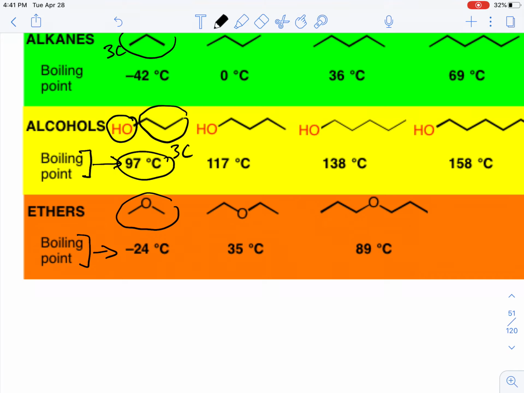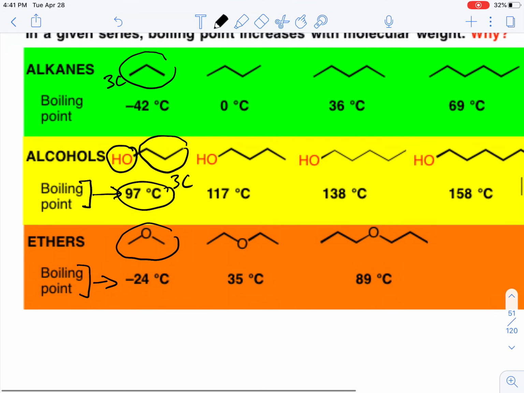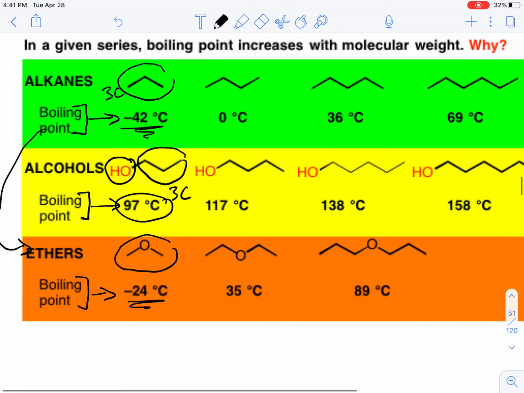In this case, it's dipole-dipole. And if you look at these alkanes, with respect to ethers, we go from negative 24 and we go even lower to negative 42. Alkanes only have London dispersion forces, and those forces are so weak, so easy to break, that you don't really need a high temperature to separate those molecules apart.